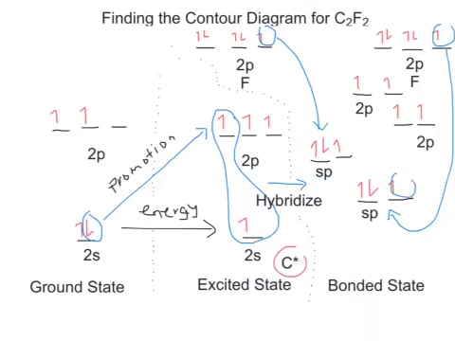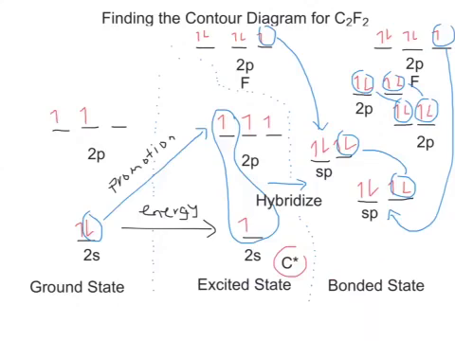Now let's notice that one of the SP is going to share its electron with the other SP because they have that triple bond, that triple bond between the carbons. Now we're going to have the two P's share electrons with each other. So in the end, all of our orbitals are pretty much filled in because they share with one another.